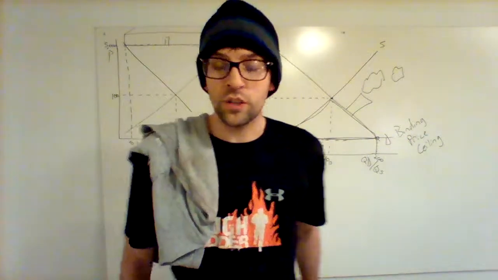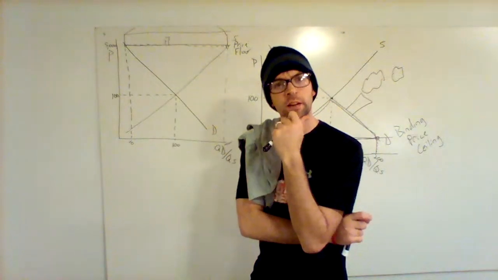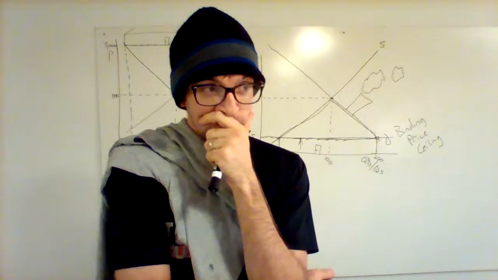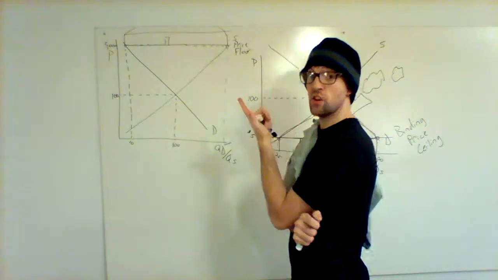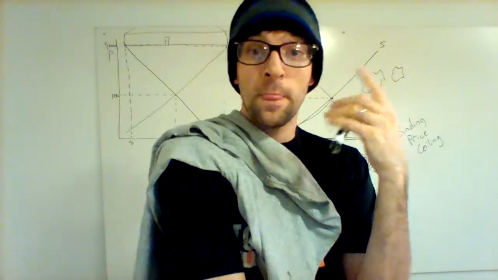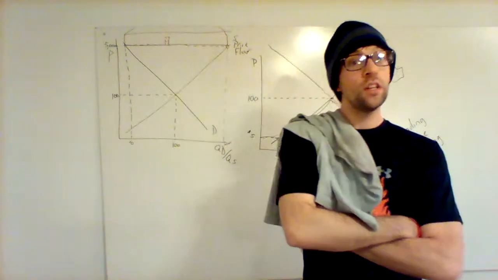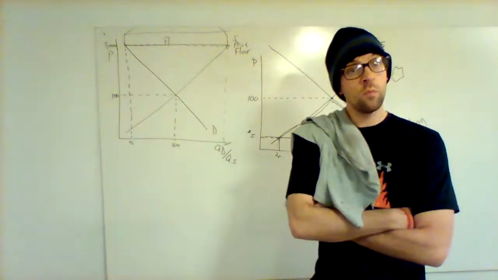Now, price floors, you might think, what's the one that everybody would talk about? Well, can you think of any service that there might be a certain price floor upon where you couldn't charge less than a certain amount? Well, this is a little bit tricky because it's in the factor market, but think about your minimum wage.